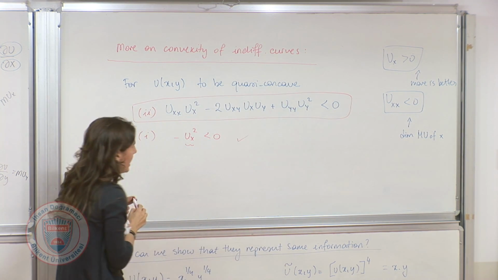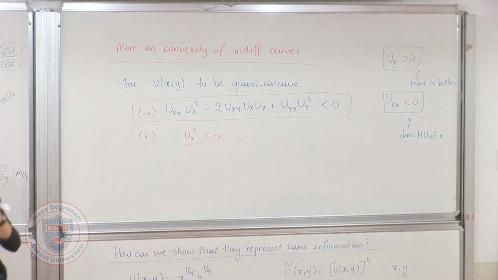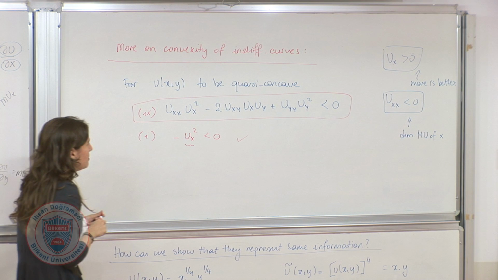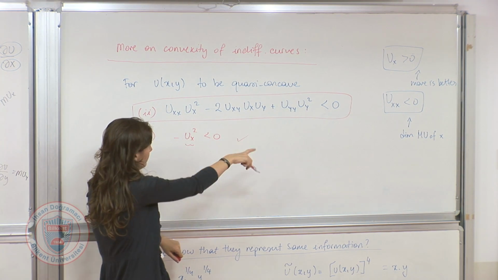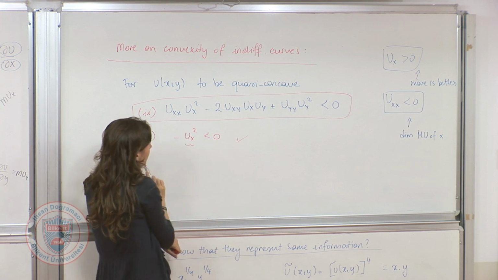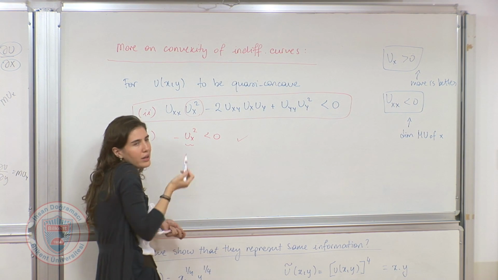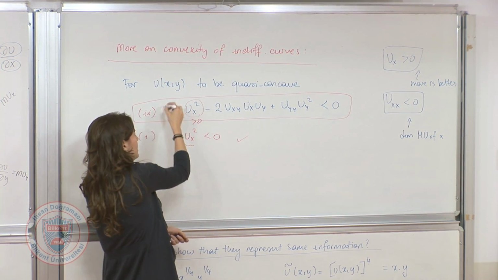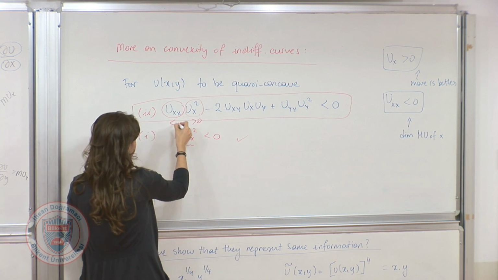So what does this say? Suppose I have the diminishing utility of x. What does this mean? This guy is a square, it's positive anyways. If there is diminishing utility, what is this? Negative. Fine.